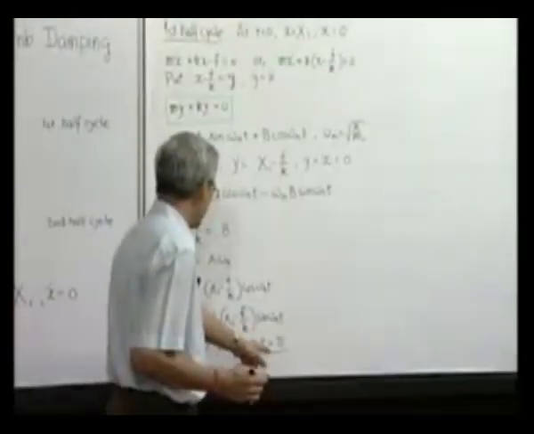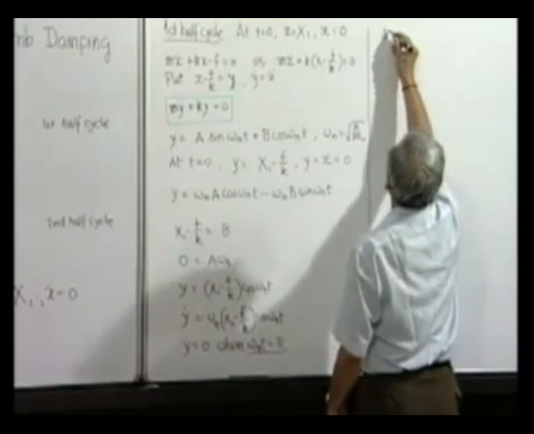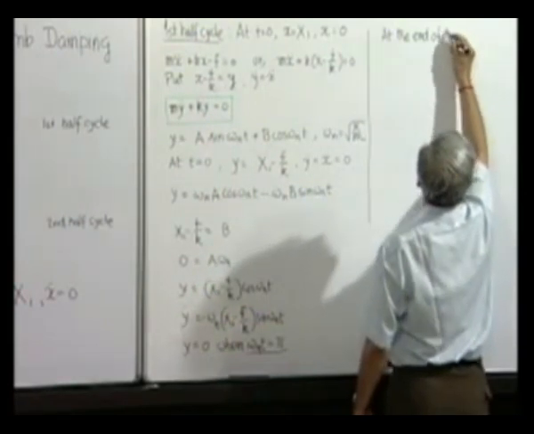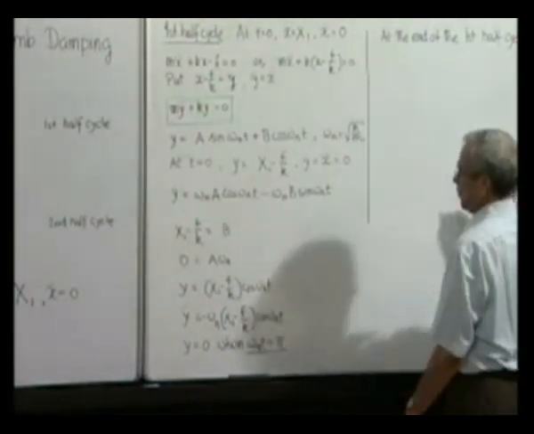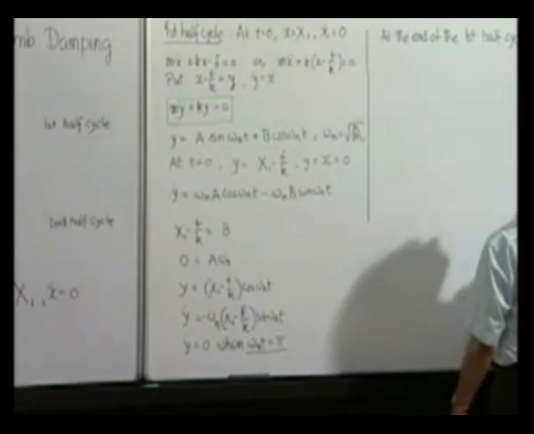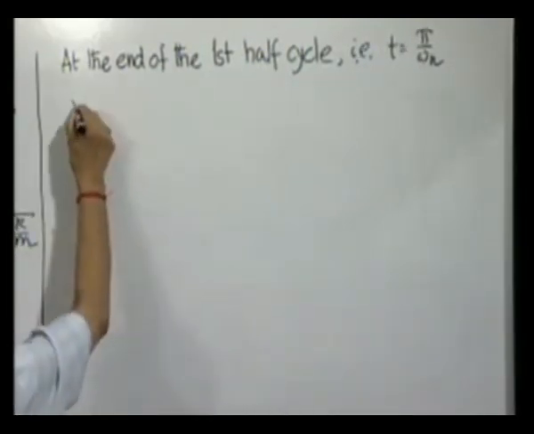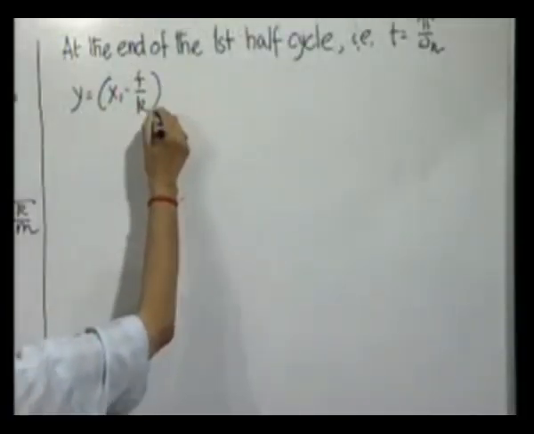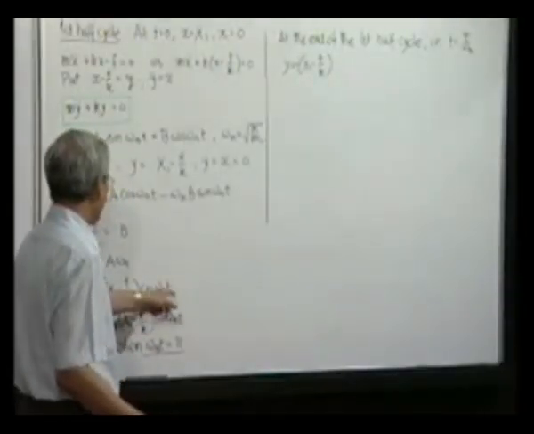So, if omega n t is equal to pi, what will be the corresponding value of y? If we put omega n t equal to pi, cosine pi is equal to -1.